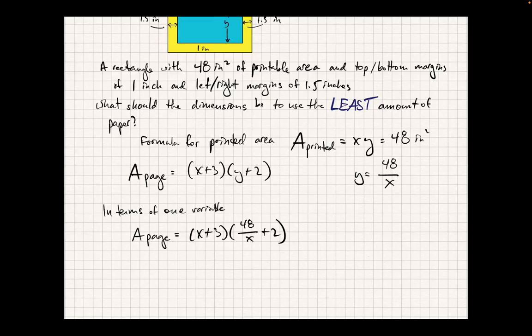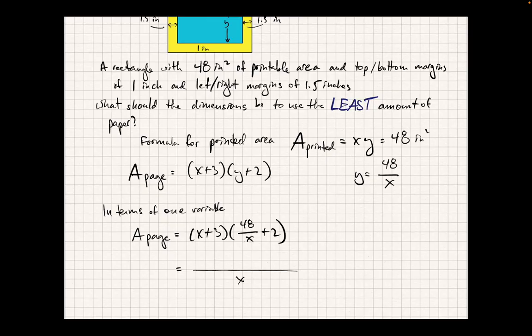And is this in terms of one variable? Yeah. If I'm asking you for a formula in terms of one variable, you could stop there. But for the purposes of this example, let's simplify this a little bit. Let's bring out the 1 over x.